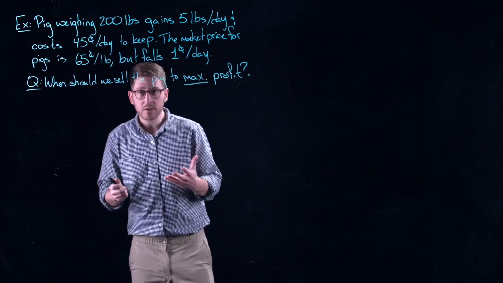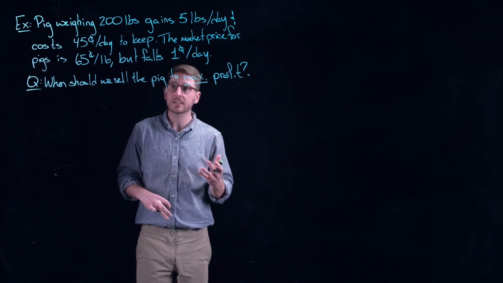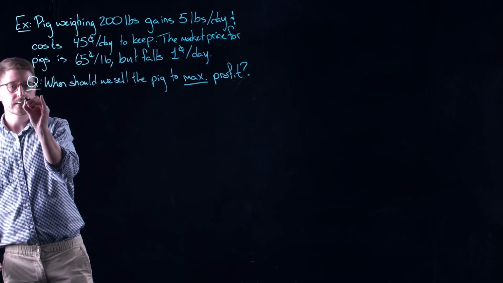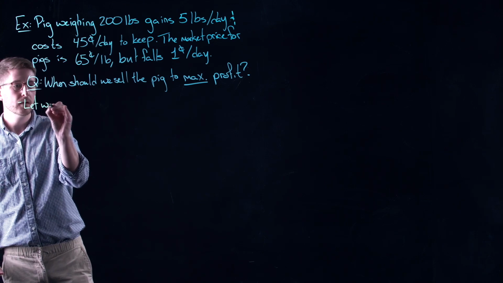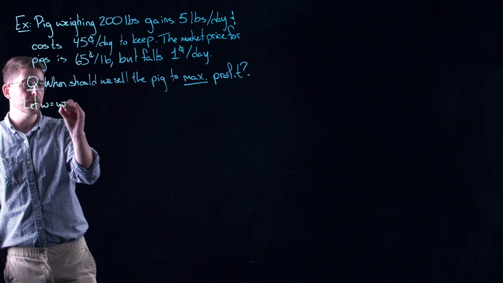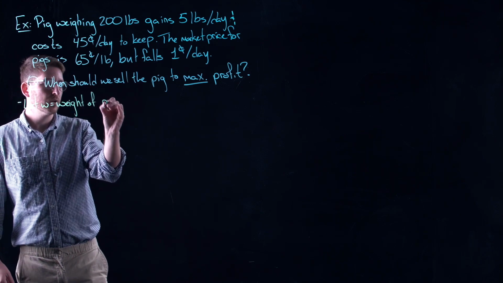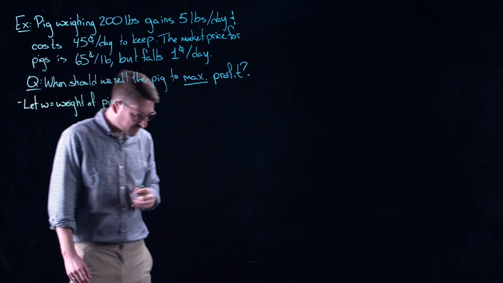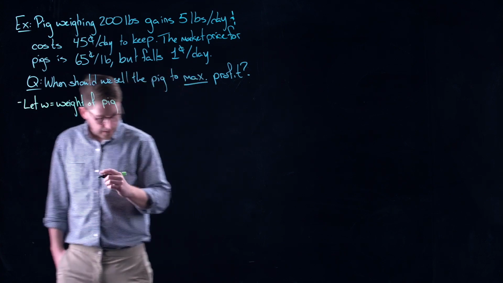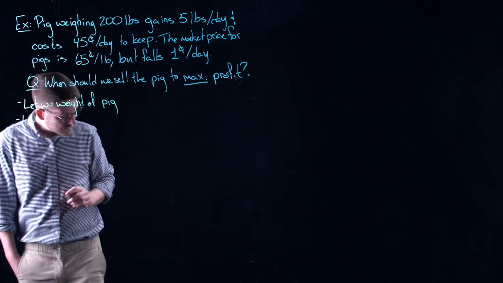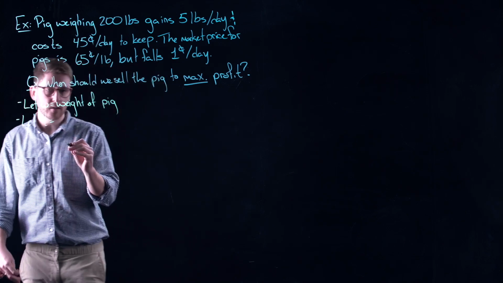Well, just like we did with the ski goggles, we're going to start by listing off the variables. So let's say let W equal the weight of the pig. Okay, so that's clearly something that we care about. T is the number of days until we sell the pig.